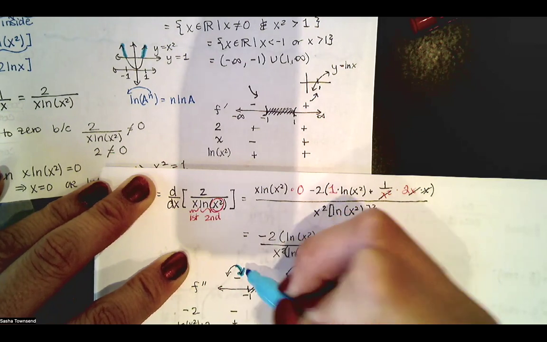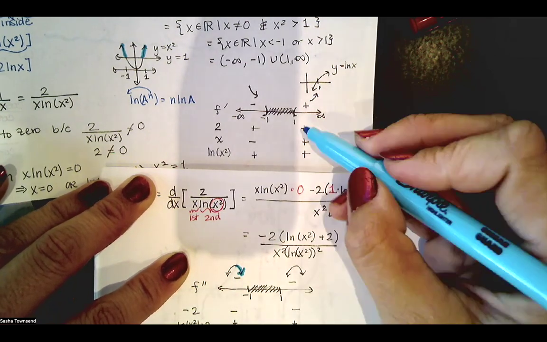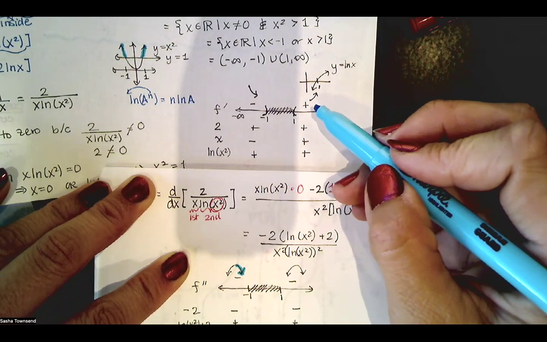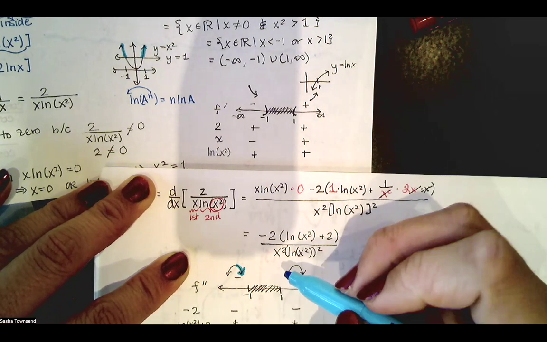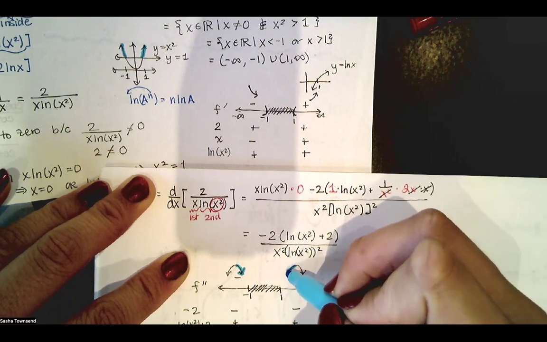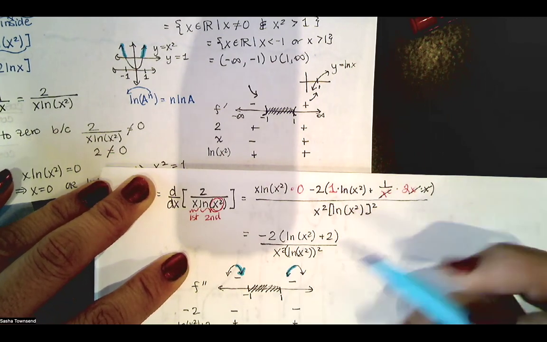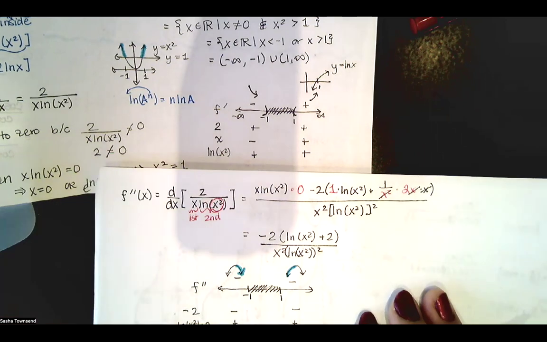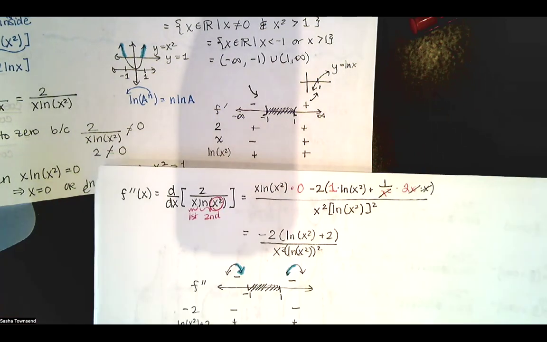So its graph locally is going to look like that. And here on 1 to infinity, the function is increasing, but the graph is concave down. So it's going to be like that. So that's the part of the concave down graph that's increasing. So I expect that behavior on our graph of the natural log of x squared.